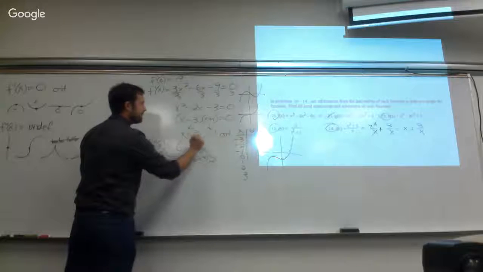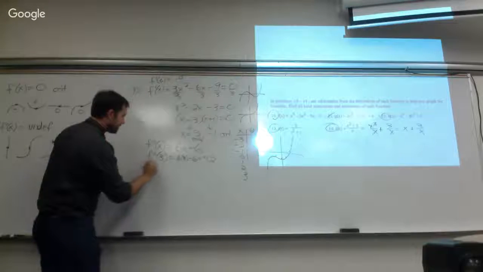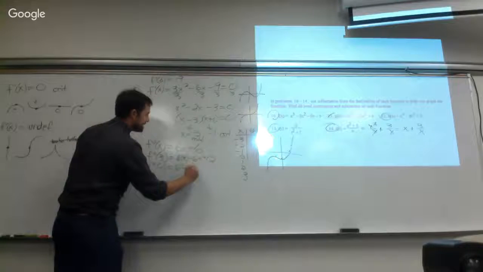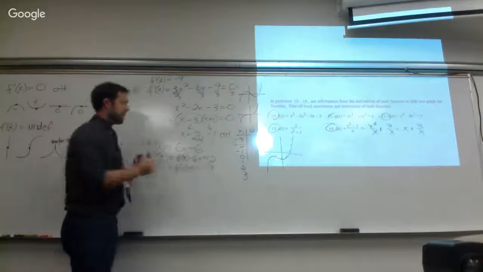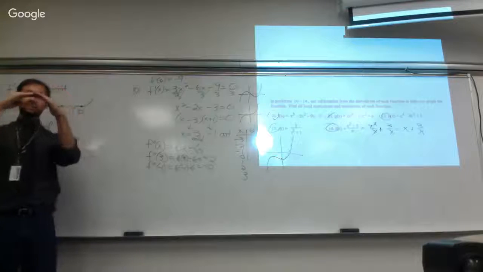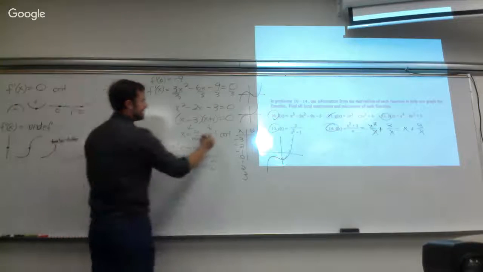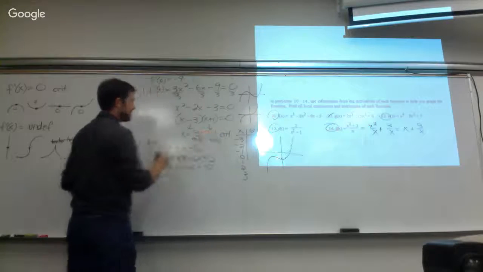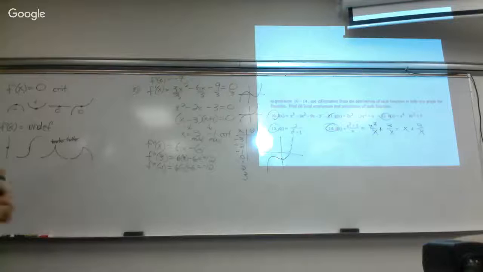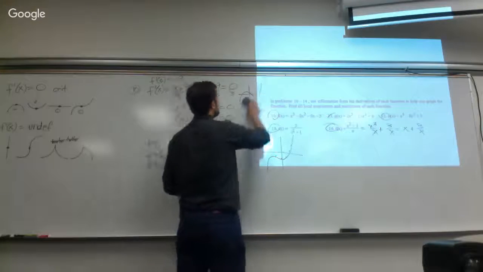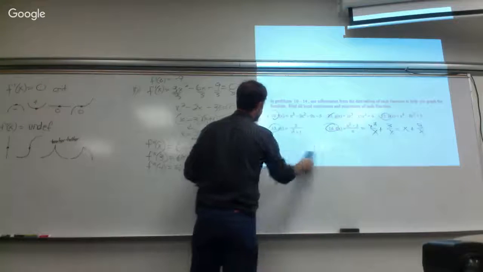And then negative 1, if I plug in negative 1, 6 times negative 1 minus 6 is negative 12, therefore it's a negative concavity, and therefore it's a maximum. Yeah, so negative 1 is a max, 3 is a min. And that's it.